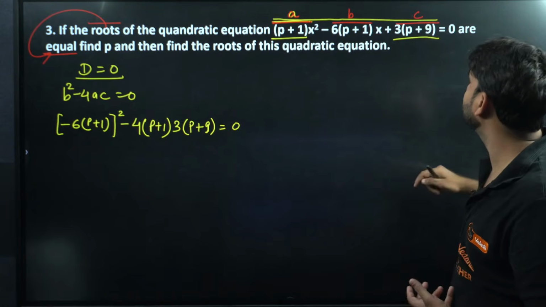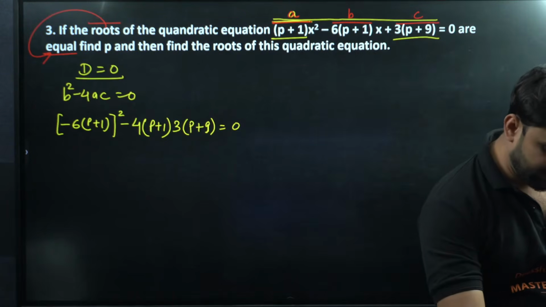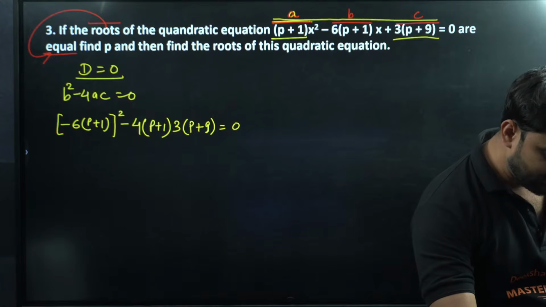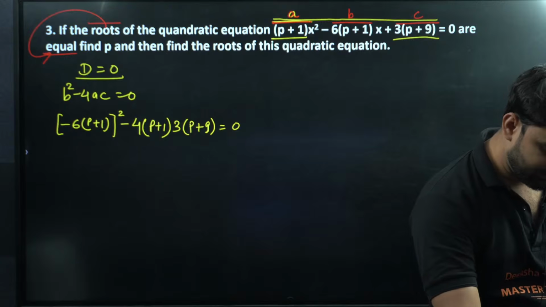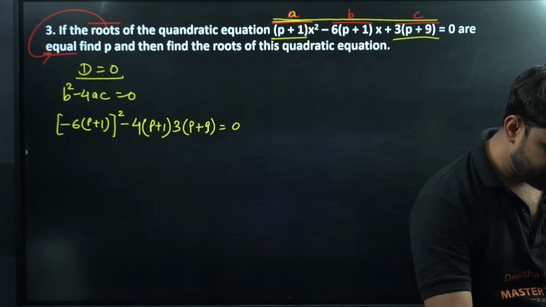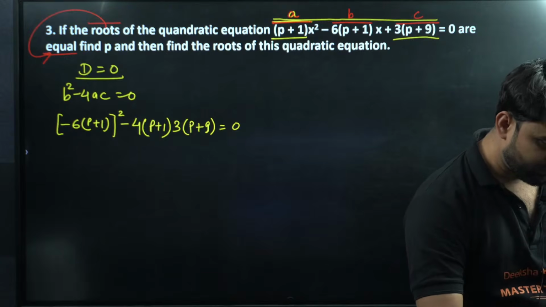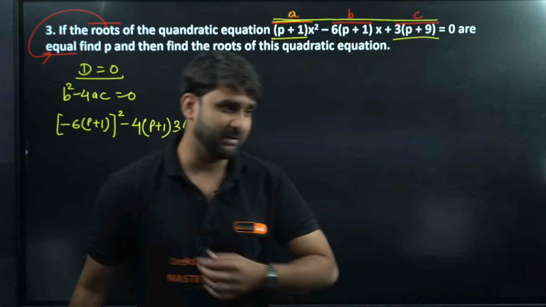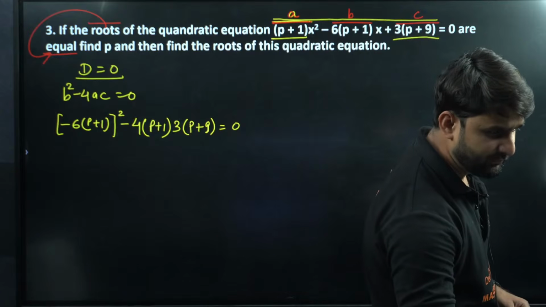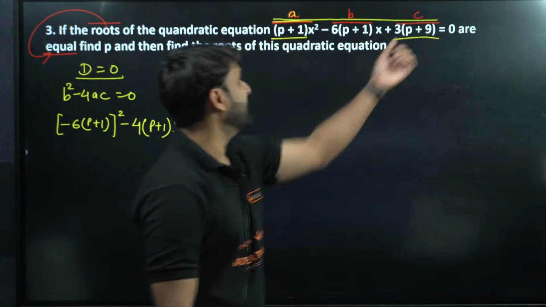It may be Q also, so let me clarify. Just a minute. Is this P or 9? Six into, yeah, that is 9, of course. That is 9 by the way, champions. So don't get confused. That is 9. So this is 9 here.